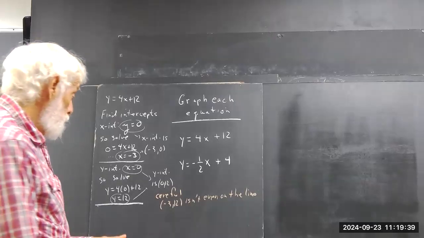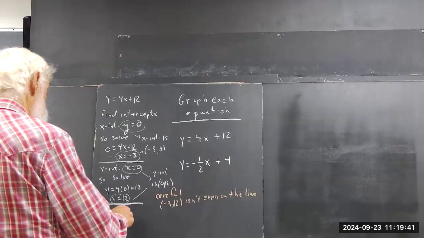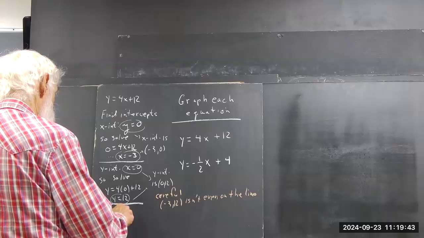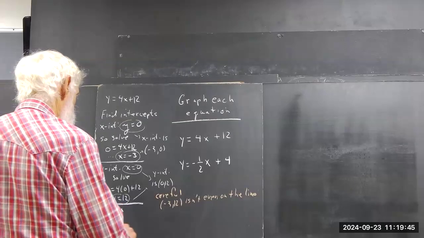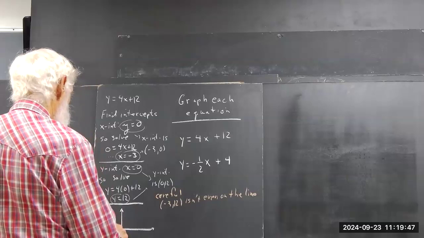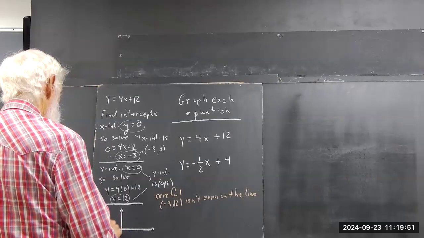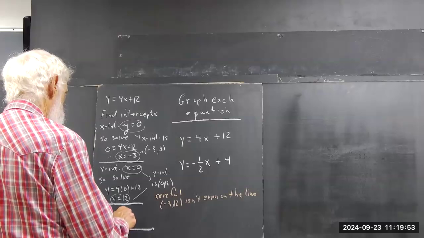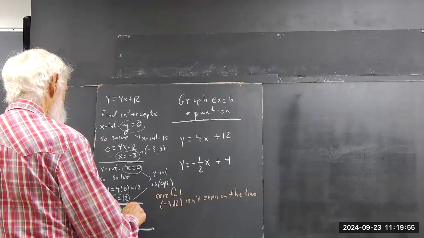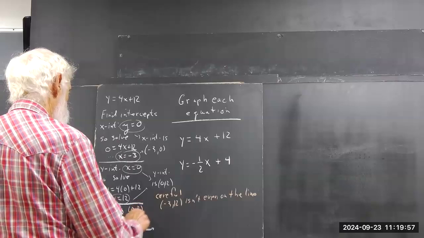So what is on the line? It's simple. (-3, 0). Here's the point (0, 12).